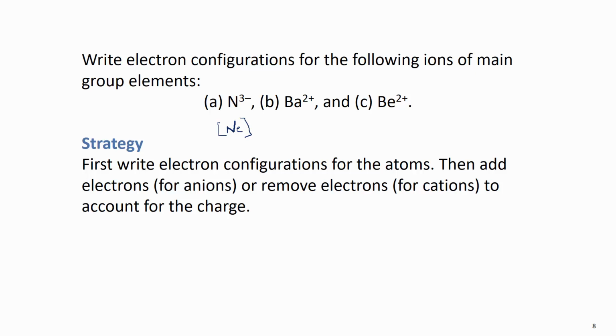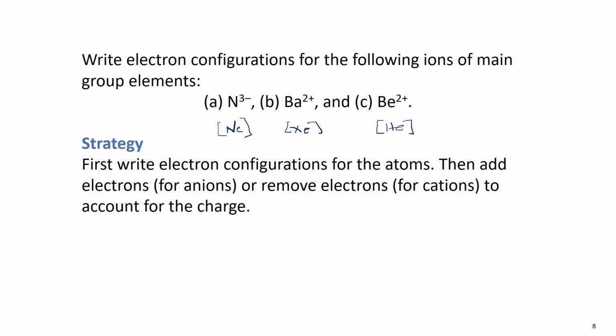Barium is in group 2. It's going to lose 2 electrons. It's going to become isoelectronic with xenon. And then beryllium being in period 2. Yeah, I think I said group here. It should be period 5 for barium. So period 2 for beryllium loses 2 electrons and becomes isoelectronic with helium.